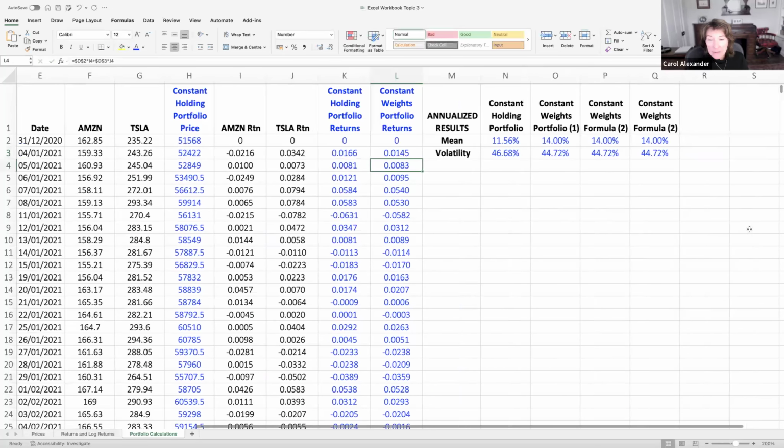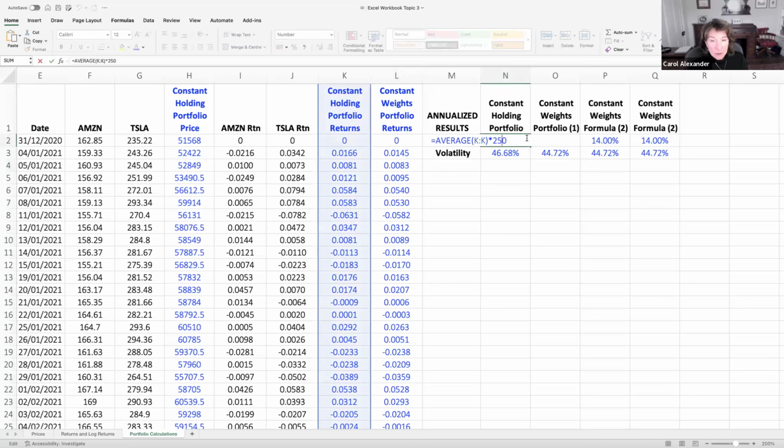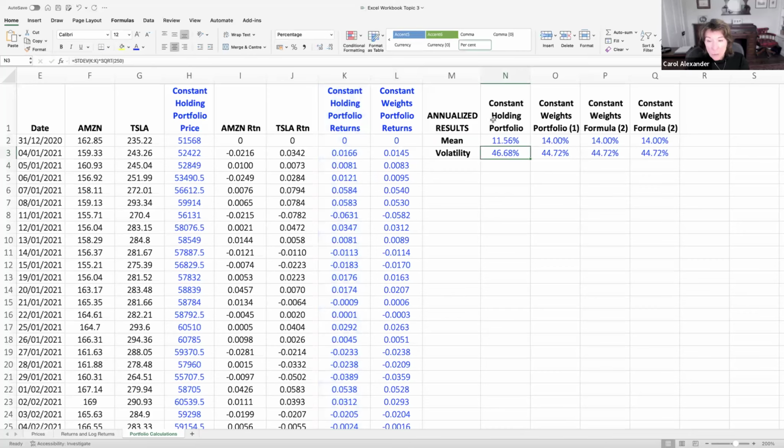Now we can have a look at the mean and the volatility based on two things. First of all, constant holdings. That's just the average of the constant holding portfolio returns, and the volatility, which is the standard deviation of these returns times the square root of 250, because we use the square root of time rule to annualize. For the constant weights, we use this time series.